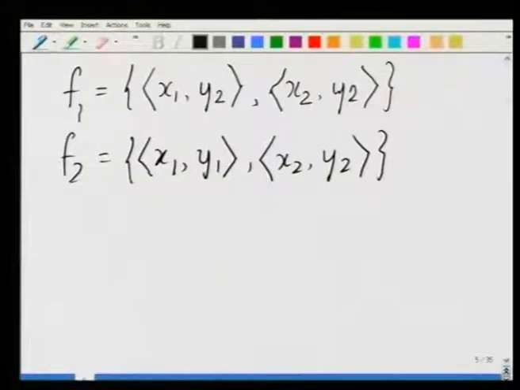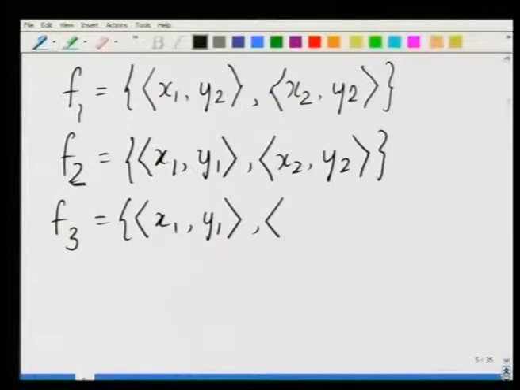f3, let us make f3. You will see that f3 is again different from f1 and f2.